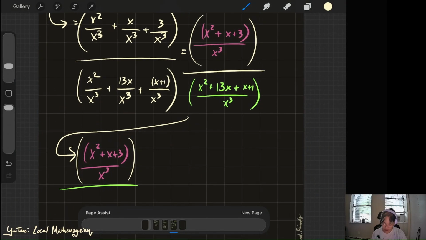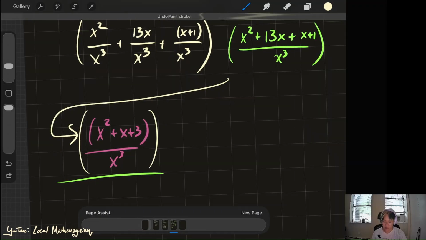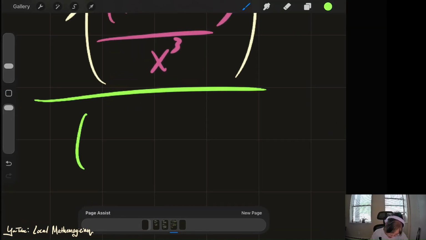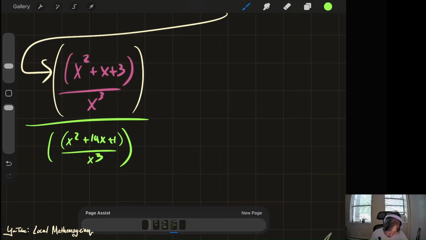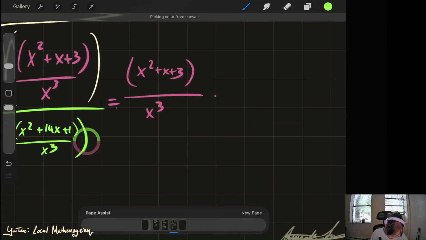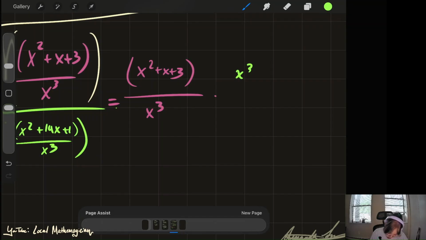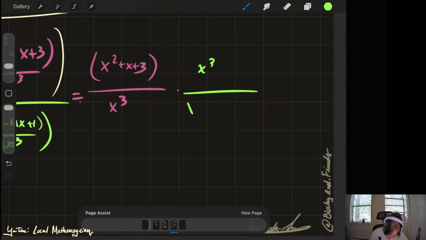This gives me x squared plus 14x plus 1 over x cubed. And then we're going to keep change flip like our life depends on it. x squared plus x plus 3 all over x cubed. Keep change. I'm going to flip it. x cubed all over x squared plus 14x plus 1.